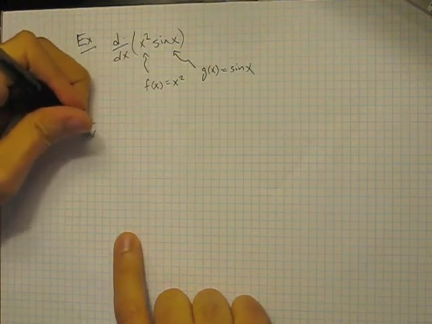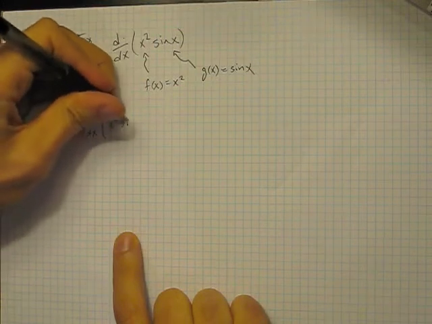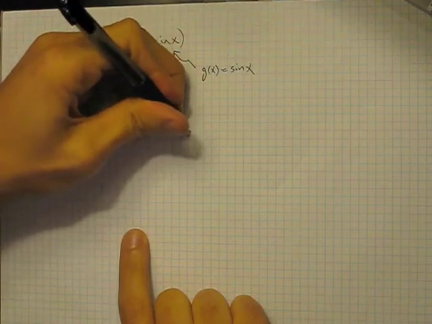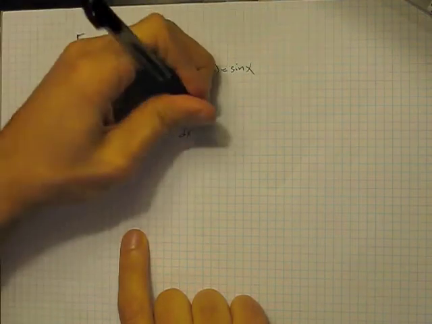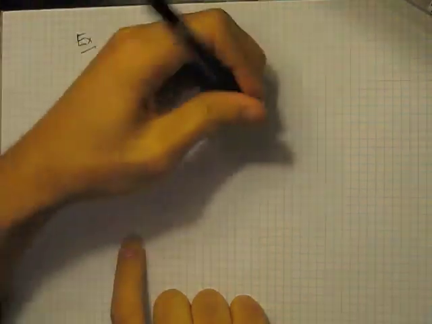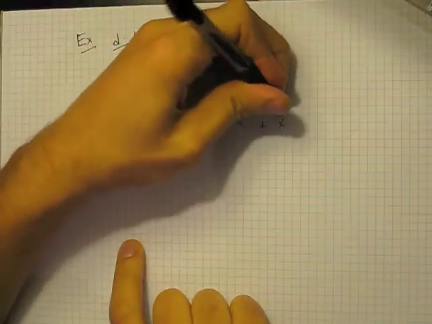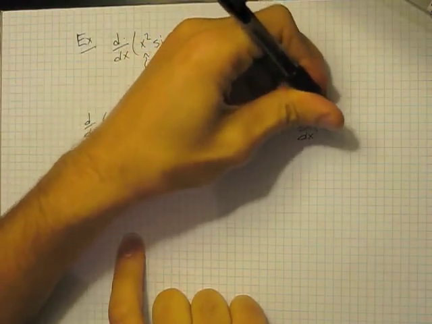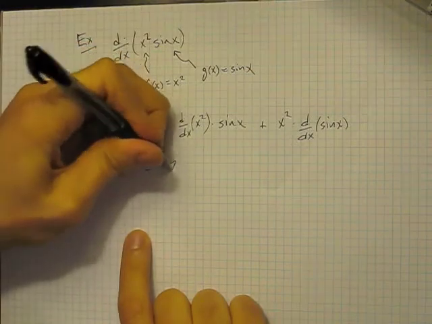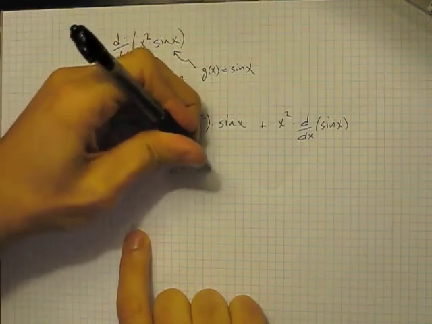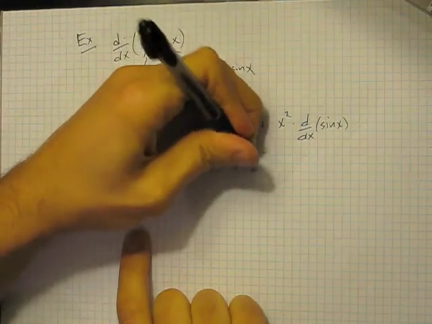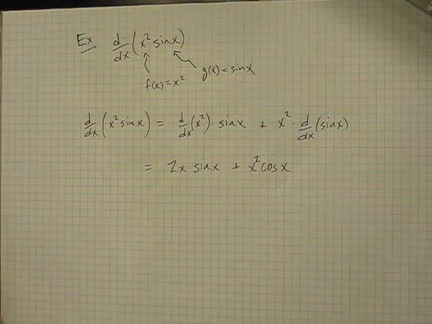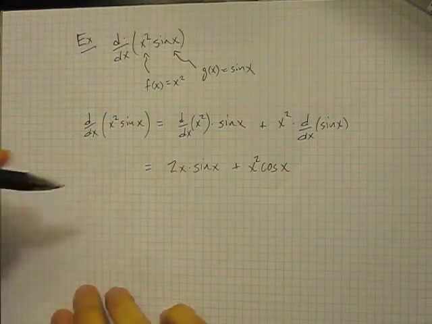The derivative of this function is, according to the product rule, the derivative of the first function times the second function left all alone, plus the first function left all alone times the derivative of the second function. Here we know what these are. This is 2x, so 2x times sine of x plus x squared, and then the derivative of sine is cosine.